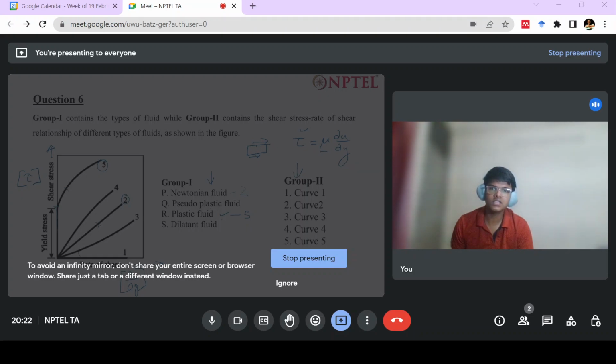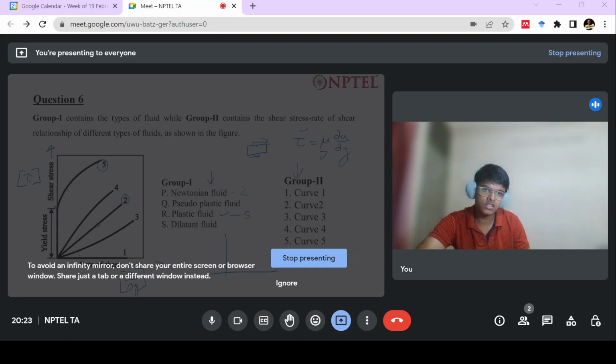Pseudoplastics are basically such that while providing them shear stresses, you will feel that they are becoming easier to move as you provide more and more stress. So what happens is that this mu value, the viscosity value, will decrease as you provide more stress.